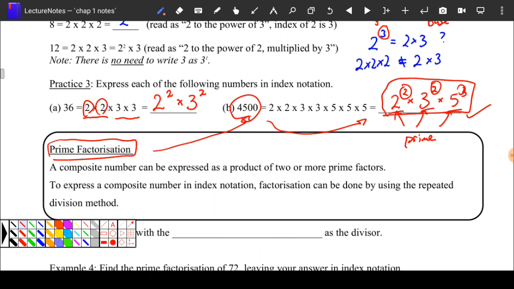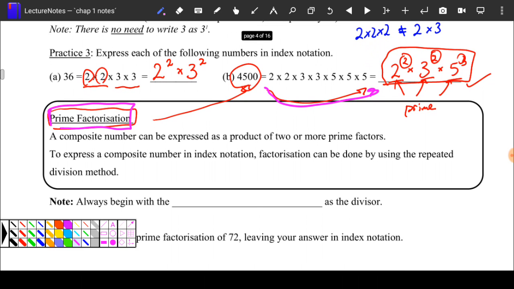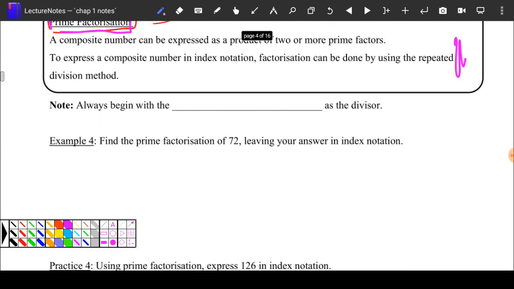So this process is called prime factorization. So far can you follow? Okay, so you can read over here. So now always begin with the what as a divisor? Make a guess.